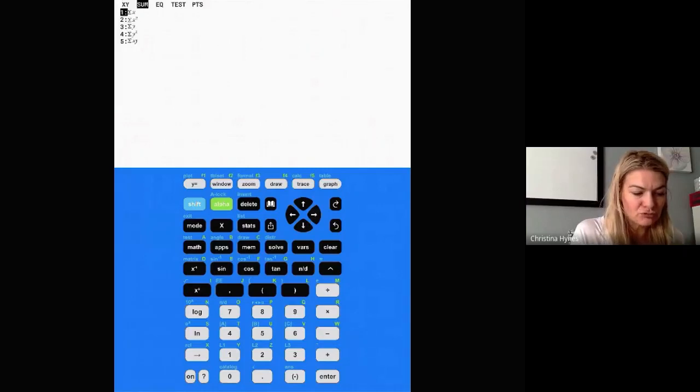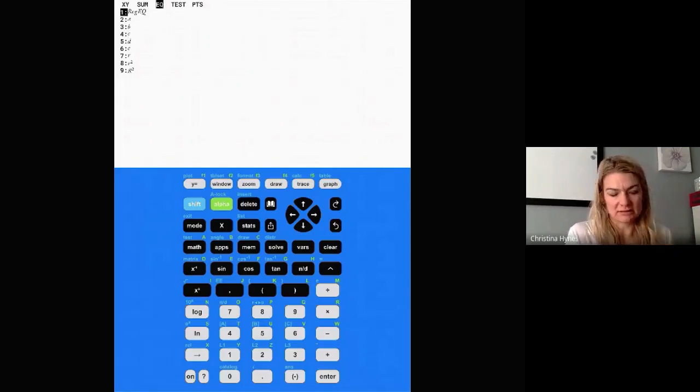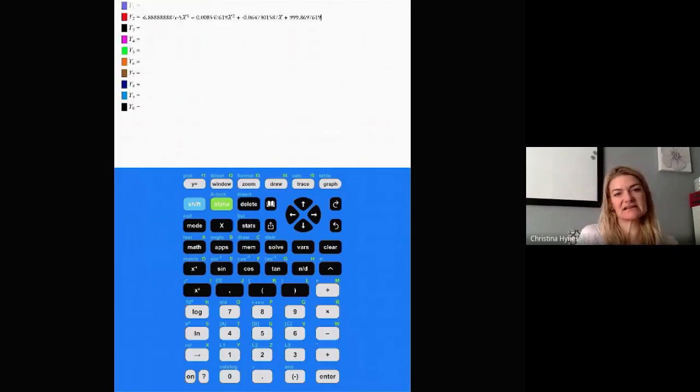Then you're going to the right until you highlight EQ at the top, and then you're selecting number 1. What that does is it copies and pastes the equation for you so that you get a really accurate answer without rounding. You don't want to round because that will change your answers from what I have.